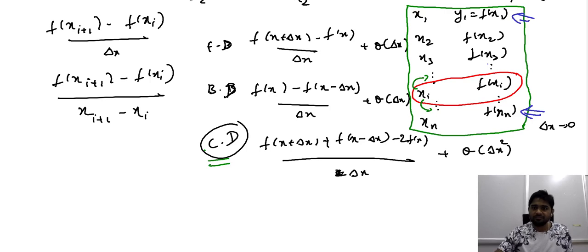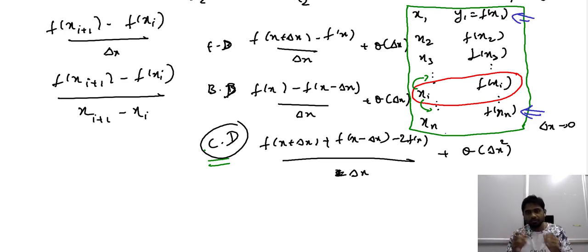Preceding x1, we don't have any data point, and succeeding xn, we don't have any further data point. Therefore, using the central difference scheme for the first and the last data point is practically not possible, so one cannot adopt it for all the data points to estimate the derivative.